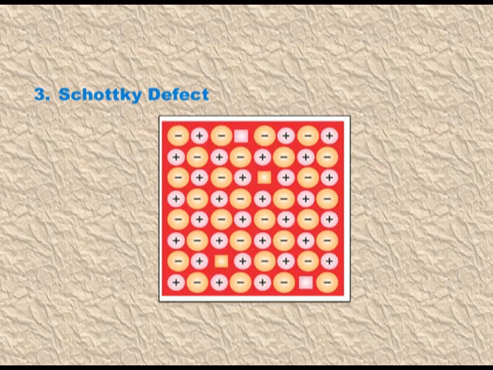You can see here a cation should be present, but the cation is not here. It is missing. Similarly, here an anion should be here, but the anion is missing. So one cation and one anion are missing from the crystal.